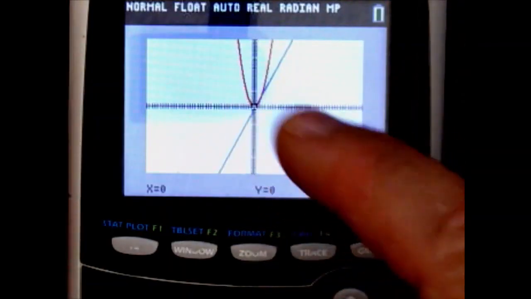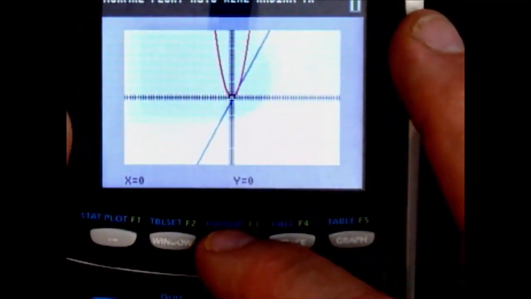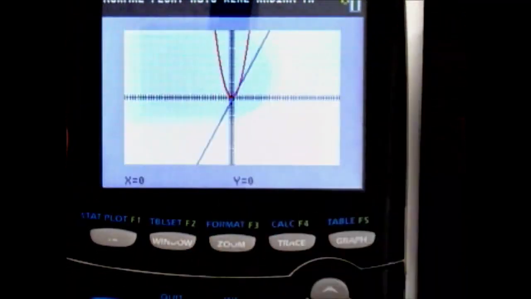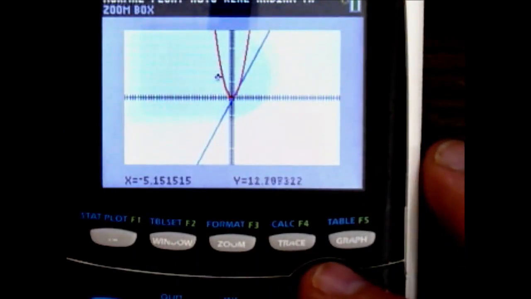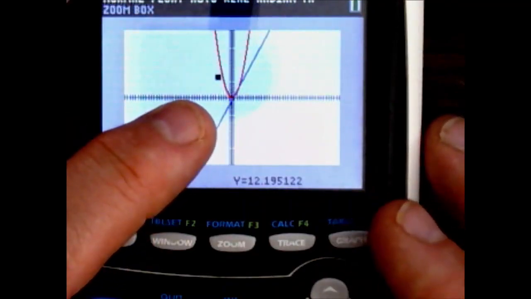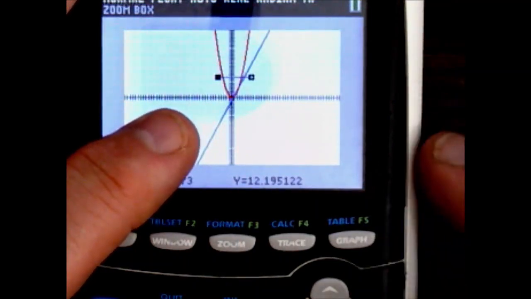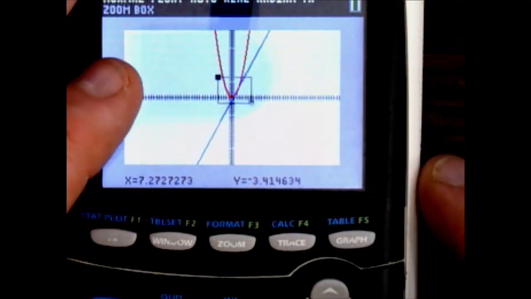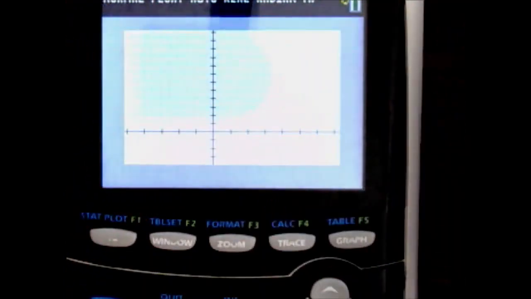Now if you want to zoom back in with a controlled zoom, do what's called zoom or Z box. Zoom 1, and you move to your imaginary screen that you want your new screen to be. Find the upper left corner and hit enter, then move over as far as you need to for your imaginary screen. Don't hit enter here, move down, and now hit enter on the bottom right corner.